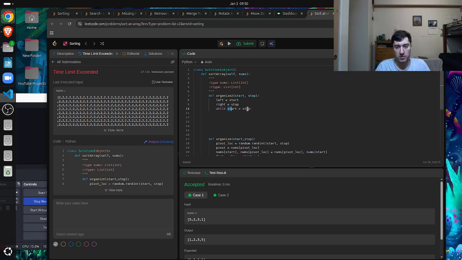And now, while left is less than right, now I want to bring them into each other, right? So I want to come in here and say, if I found a non-conforming one, I'm going to keep moving my slow over until I find a non-conforming, right?